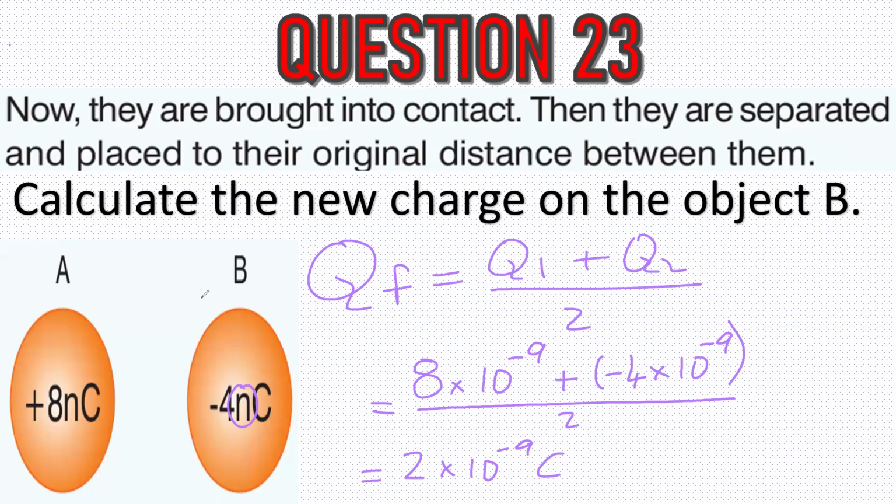If you want, you can use another method by using nanocoulombs. You can say Q final is equal to 8 plus -4 over 2, and then you get 2 nanocoulombs also. But at the end of the day, for other calculations, we should convert it.